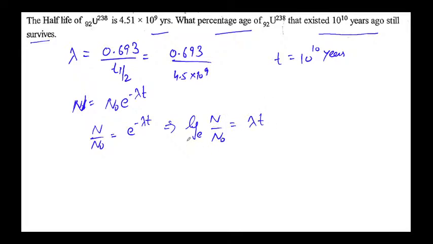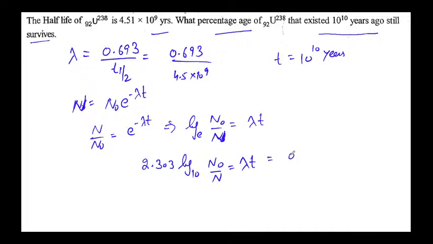Writing this in log base 10 form, log of e is 2.303 log 10. Here there is a negative sign, so this gets reversed, so the value is N naught over N. So log of N naught over N is equal to lambda t.